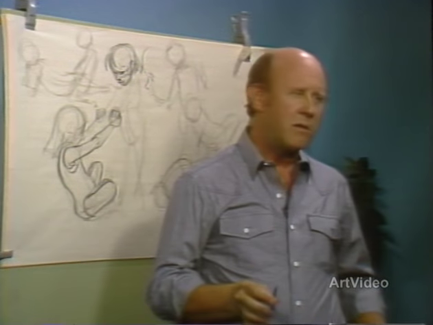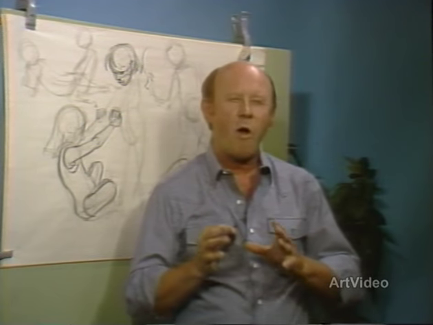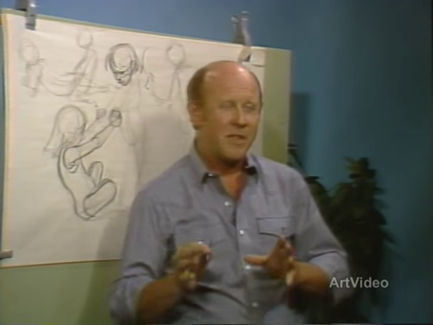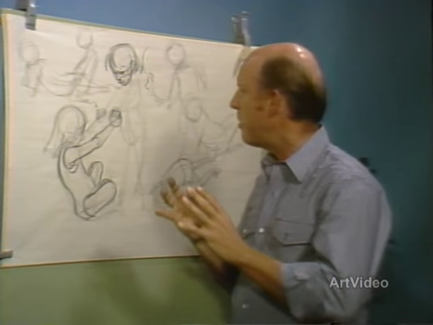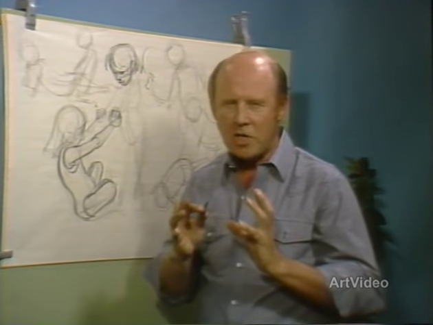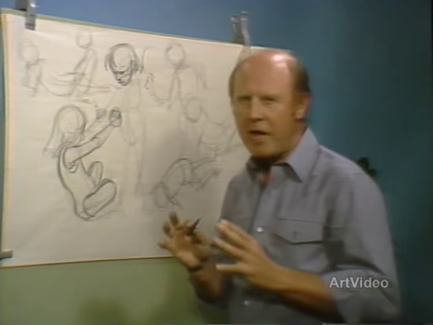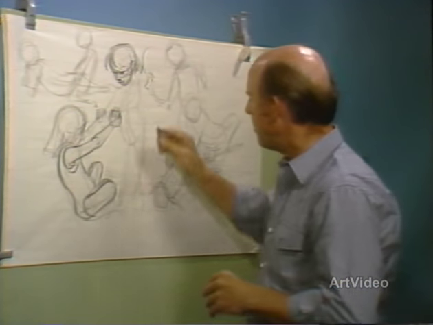Even though these are my children, you find that children at this age aren't dramatically that different. If you start out with these basic kinds of shapes, and for the individuality of the child you're drawing, just modify it this way or that way a little bit, you'll get actually very, very close to what's going on.